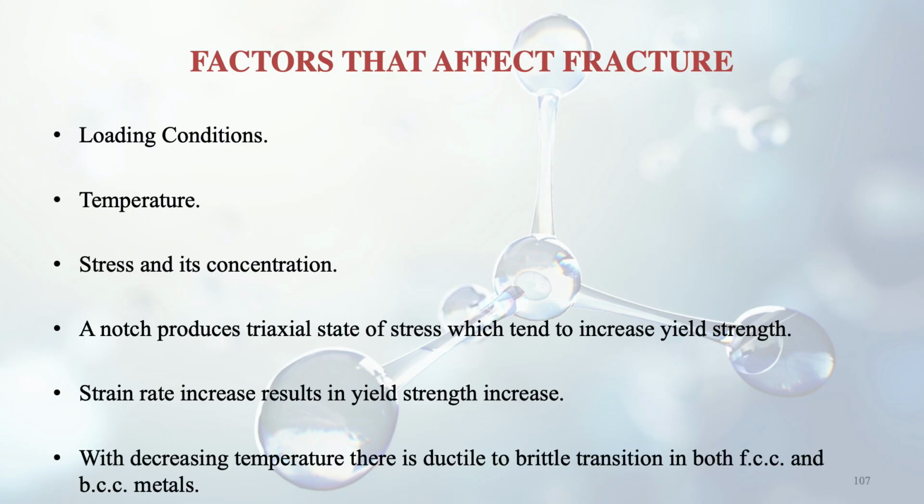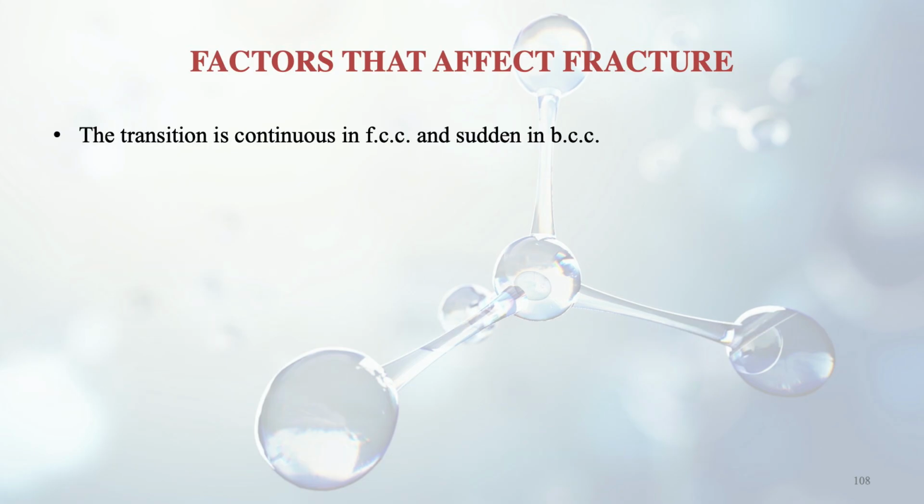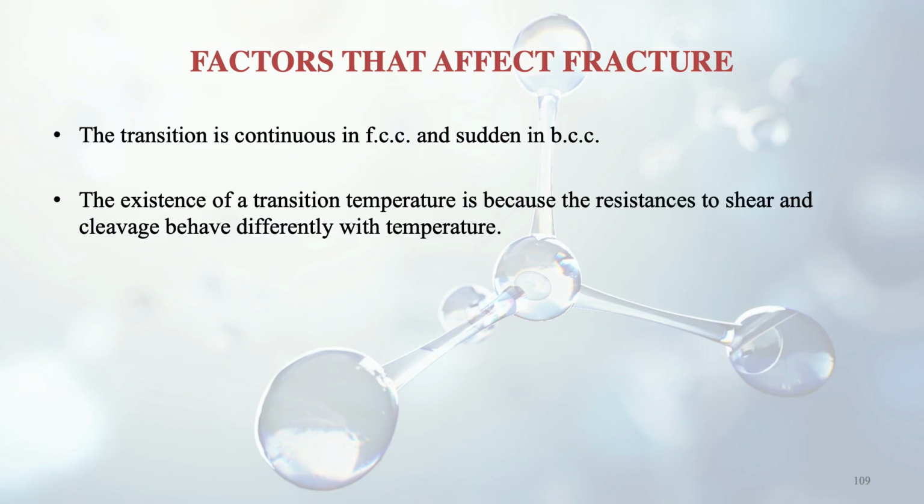With decreasing temperature, there is a ductile to brittle transition in both face-centered cubic and body-centered cubic metals. The difference is that the transition is continuous in FCC, whereas it is sudden in BCC. The existence of a transition temperature is because the resistances to shear and cleavage behave differently with temperature.